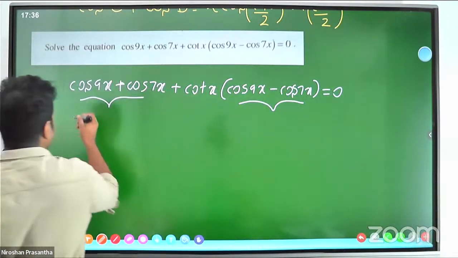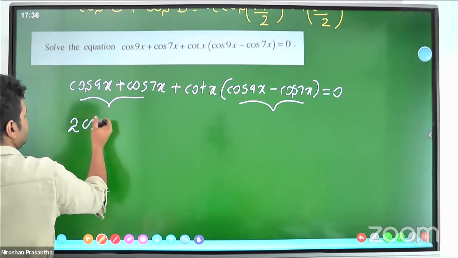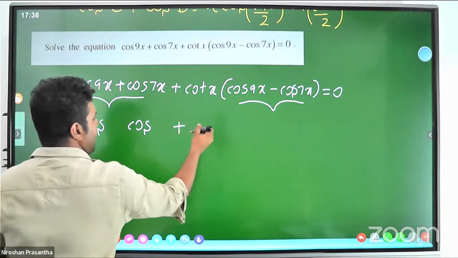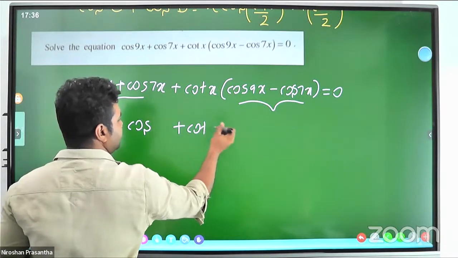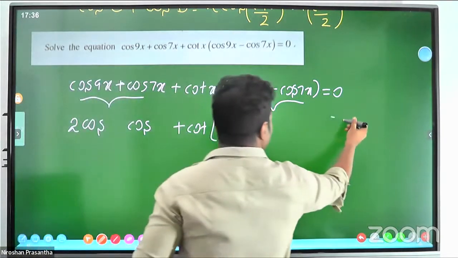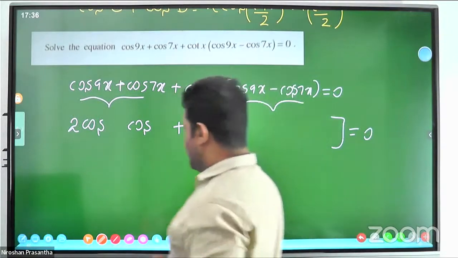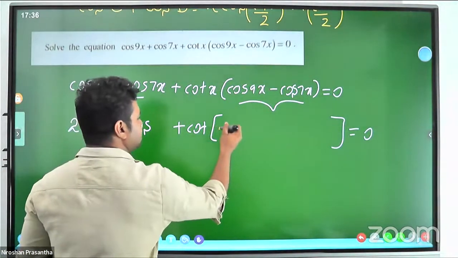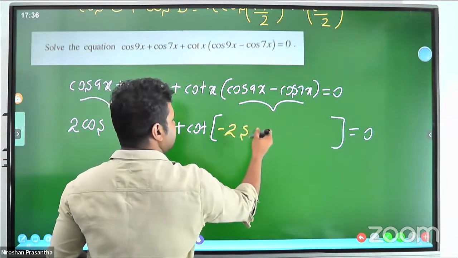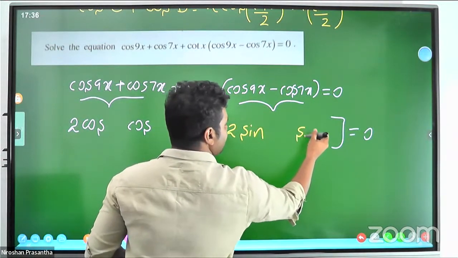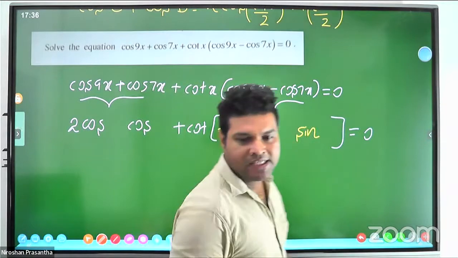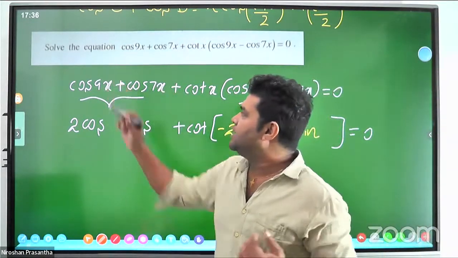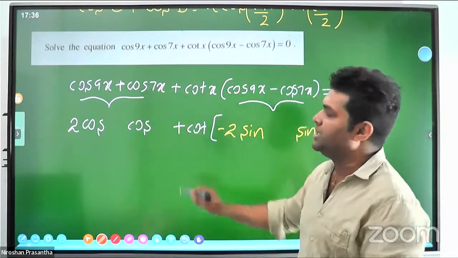Cos addition is 2 cos, and cot x. And what is the cos subtraction? It is minus 2 sin. Why have I left some spaces? Spaces for the sum of the angle divided by 2 and the subtraction of the angle divided by 2.